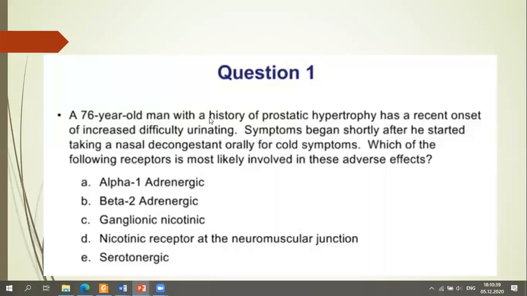And now urinary retention is related with it. Symptoms began shortly after he started taking a nasal decongestant. Nasal decongestant is what type of substance, used for what? For example, phenylephrine was used as a nasal decongestant, orally for cold symptoms. And which one can be the answer? Which of the following factors is most likely correct? Option is beta 2.